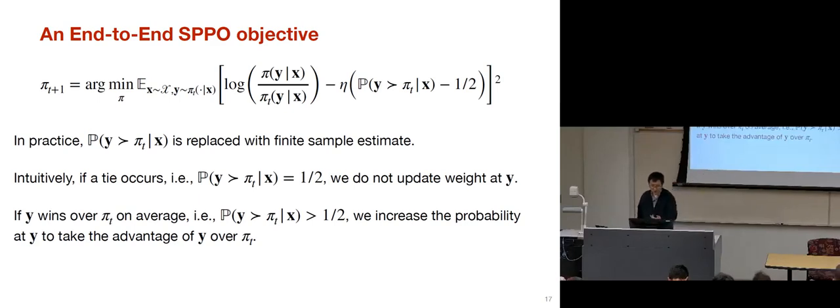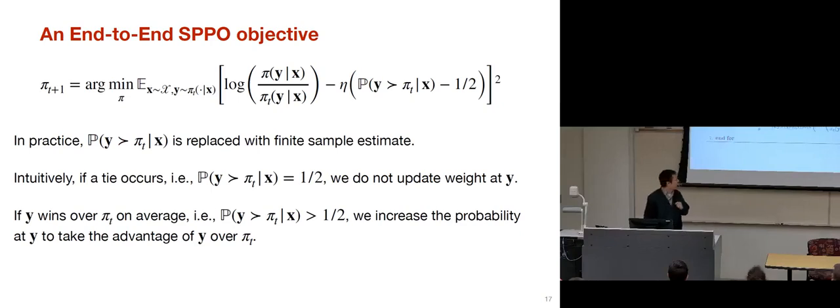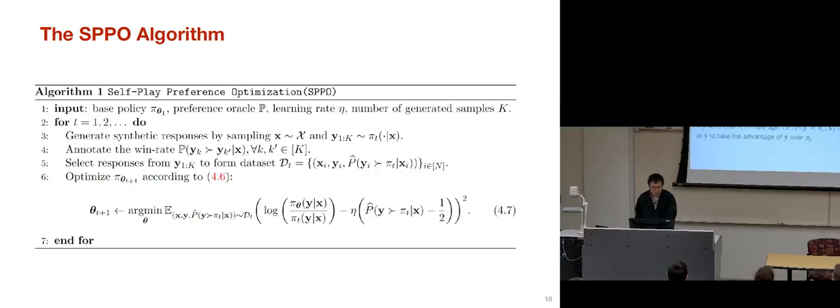Okay. And similarly, if this probability is less than 1/2, you can also do some reasoning to figure out that if you solve this problem, it will decrease the probability of generating y given the prompt x. So this is the algorithm we came up with based on this training objective function.